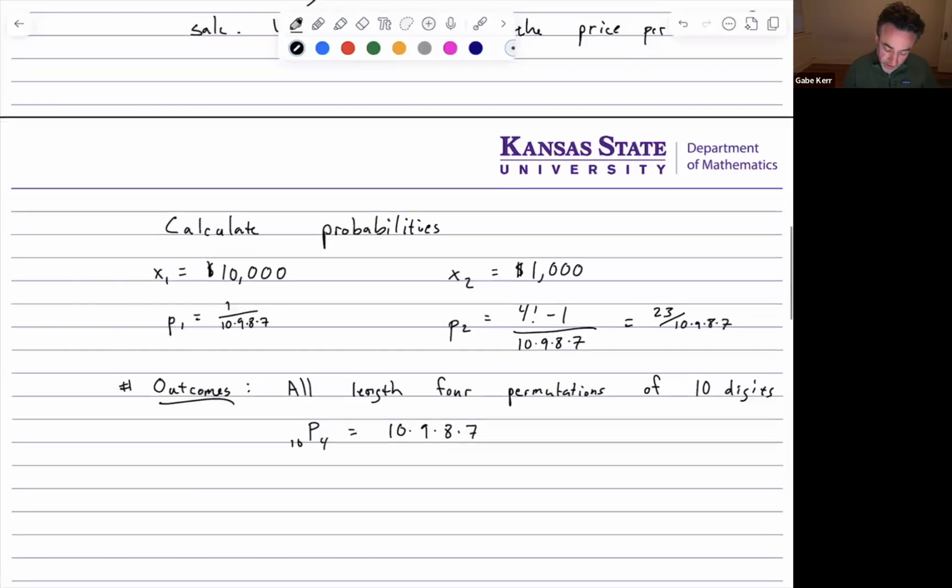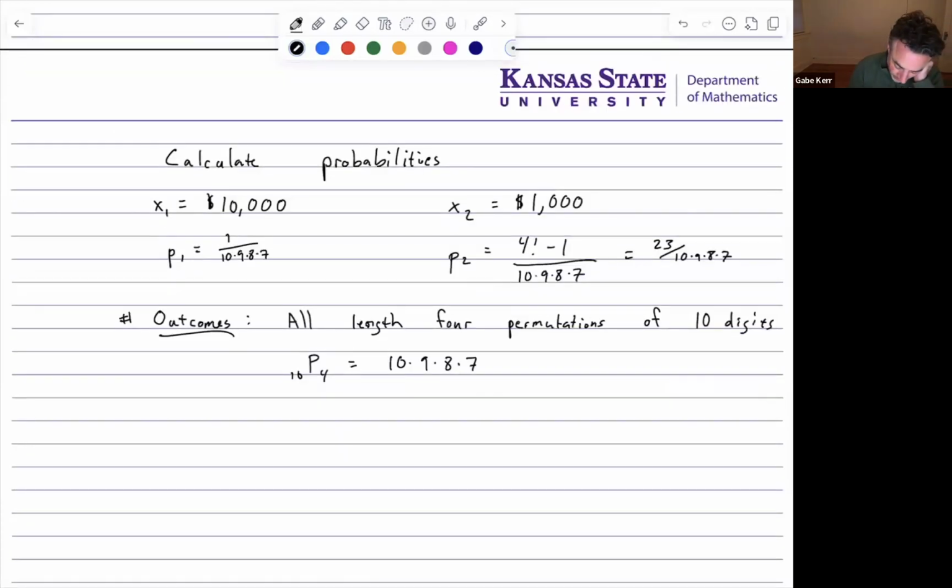So now we want to calculate the expected payoff. E is equal to P1 times X1 plus P2 times X2.